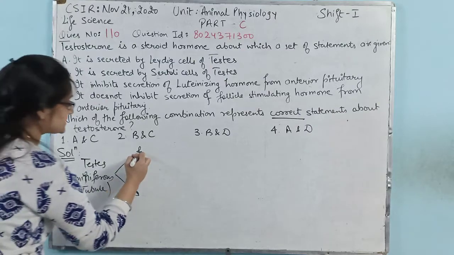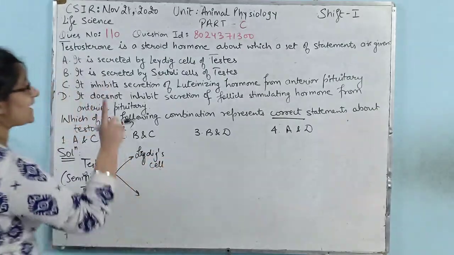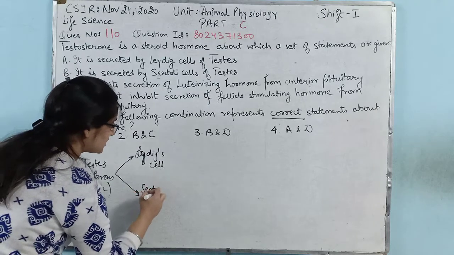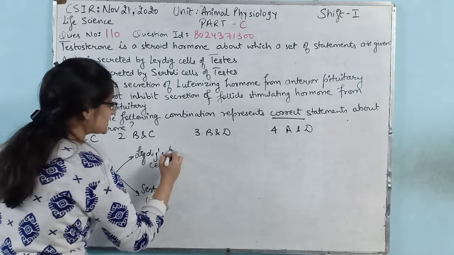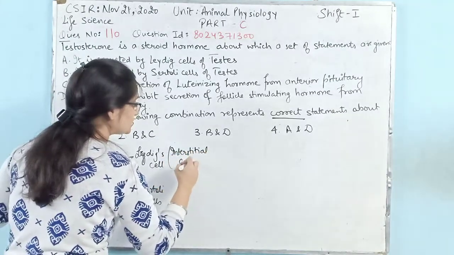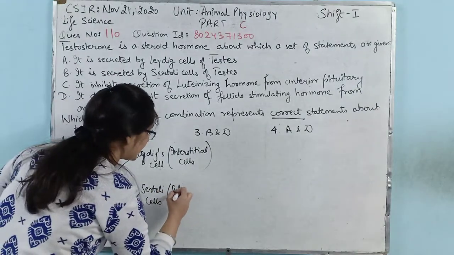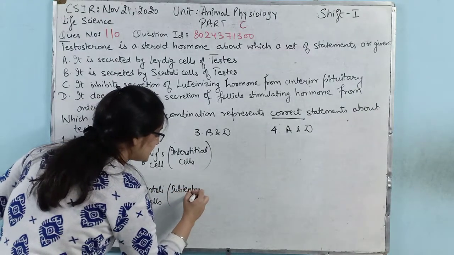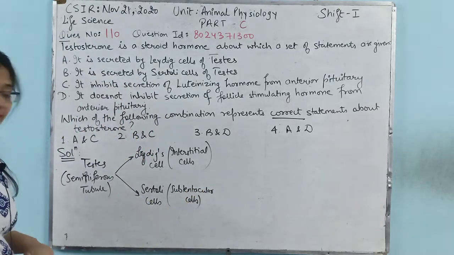One is Leydig's cell and the other is Sertoli cells. Leydig cells, they are also referred to as interstitial cells, and the Sertoli cells, they are referred to as sustentacular cells, right?